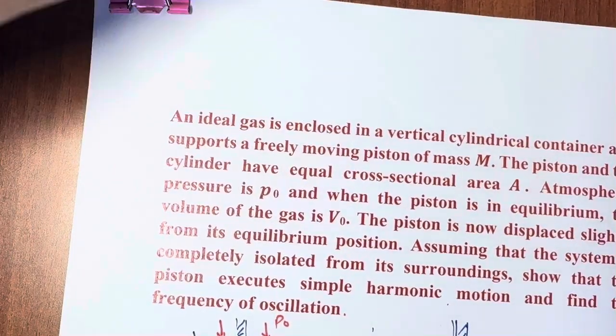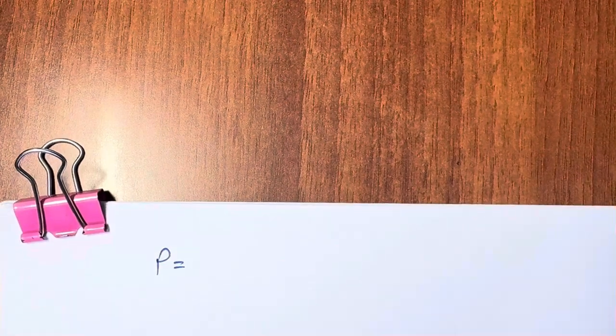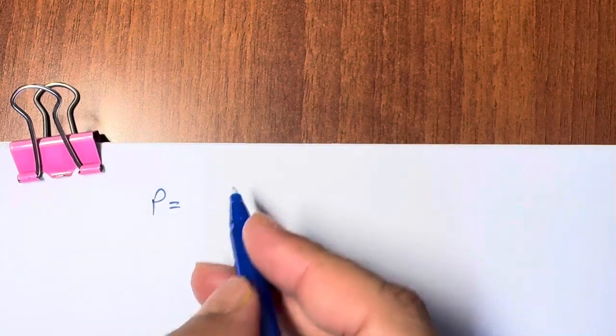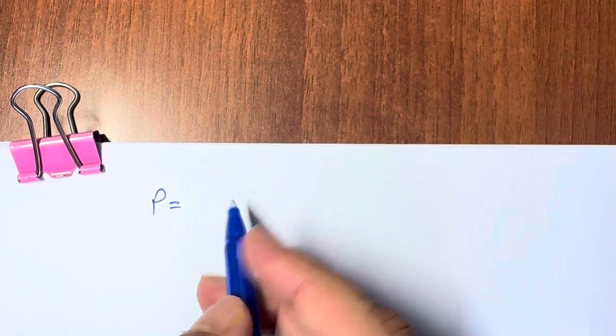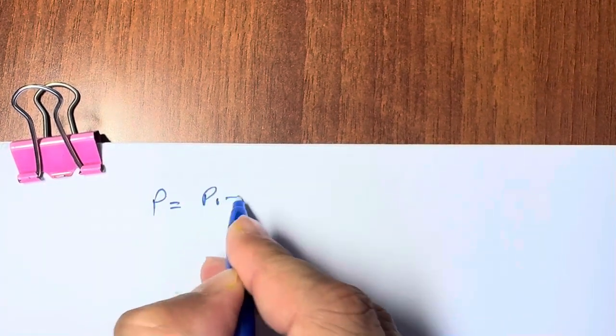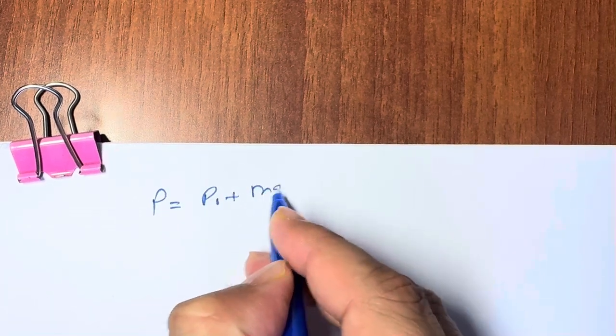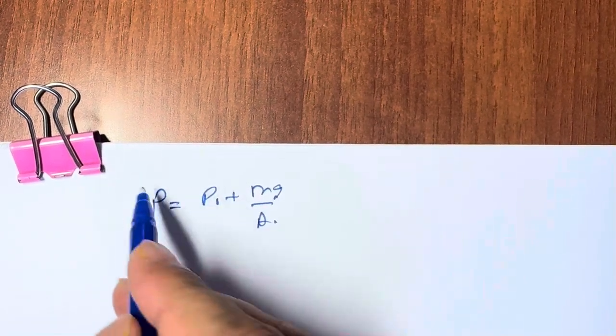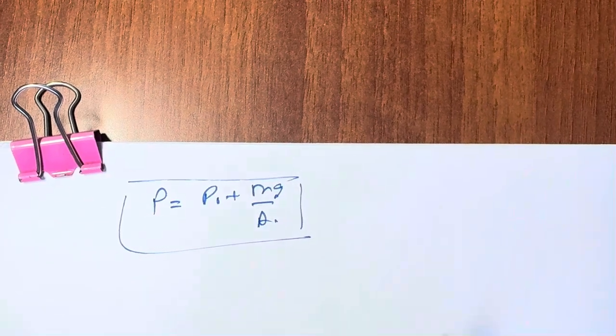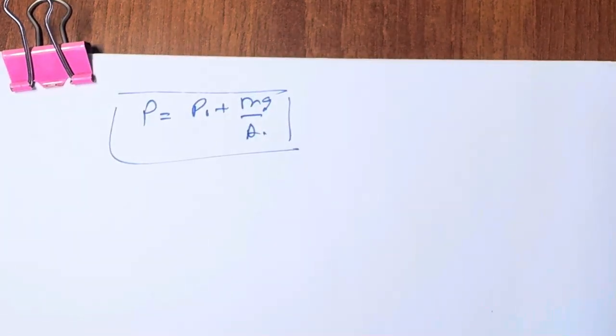So we can rewrite this equation as P, that is pressure inside because of the gas, can be written as P naught plus mg upon A. This is one of the equations which we are going to use later on.